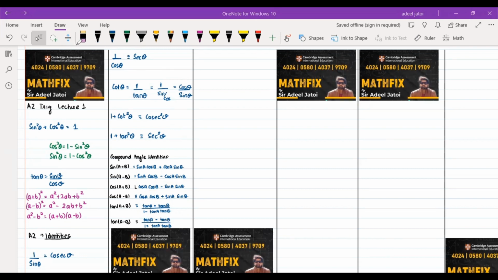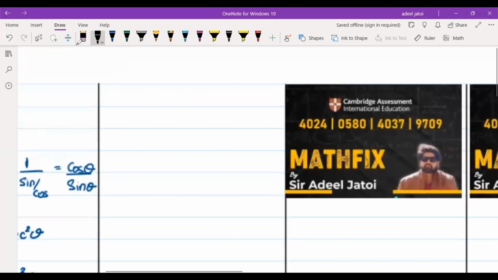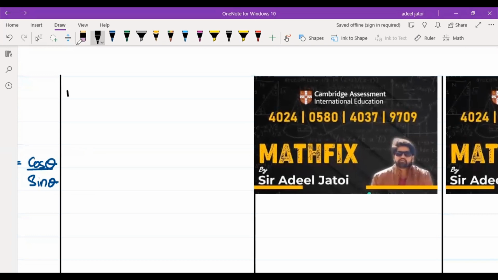Now we will be working on our double angle identity. Now, what I do is I try to link it with compound angle identities to make sure that you know the concept behind these identities as well. Now, let's say that we have sine 2A.